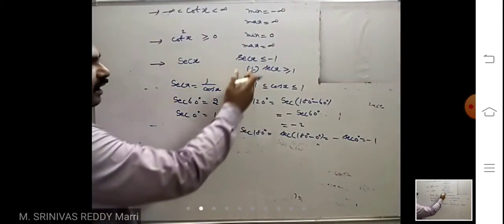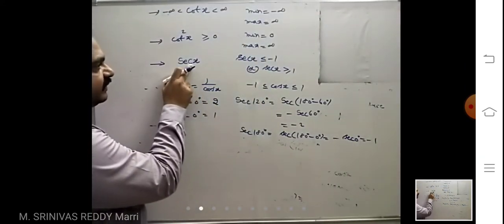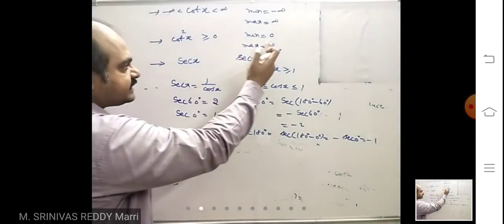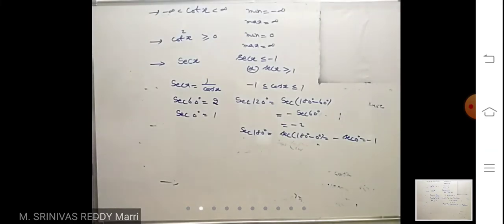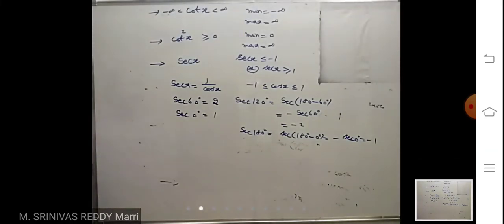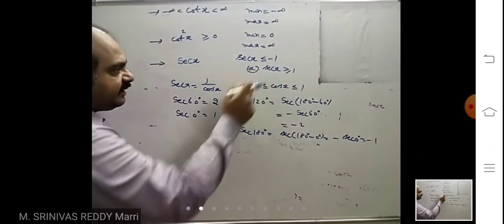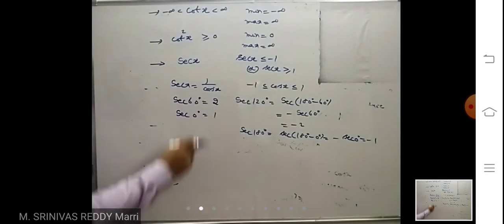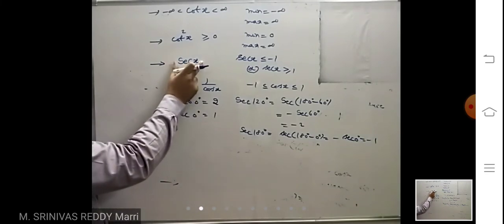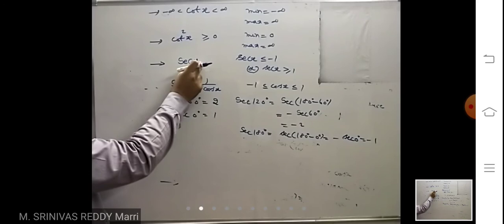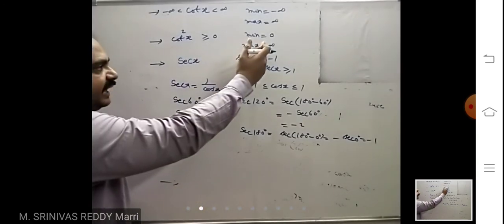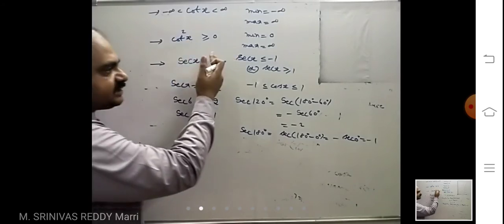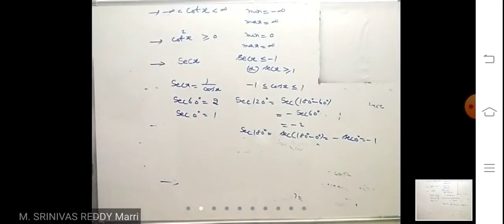That means whatever the value you will get, it will be either less than or equal to minus 1 or secant will be greater than or equal to 1. It will never get a value between minus 1 and 1. Whatever may be the angle here, if you substitute, it will not lie between minus 1 and 1. Its value will be either less than or equal to minus 1 or greater than or equal to 1, like that.